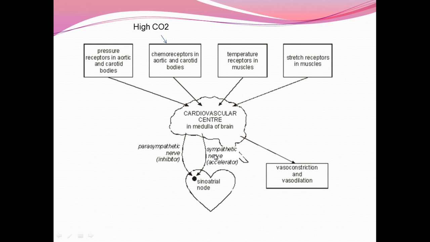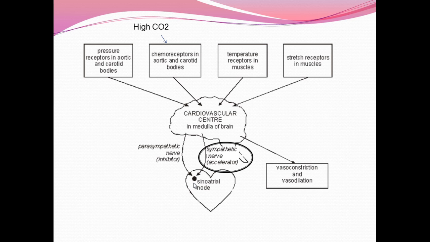That then will send a message to the cardiovascular centre in the brain, specifically in this case, the sympathetic centre, because obviously if you're exercising hard, you're going to need to get more blood to those areas, and so therefore it needs to speed up, and that sends a message down the sympathetic nerve to the SA node, telling the heart to speed up.